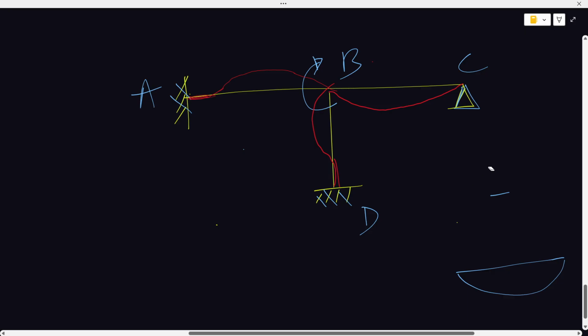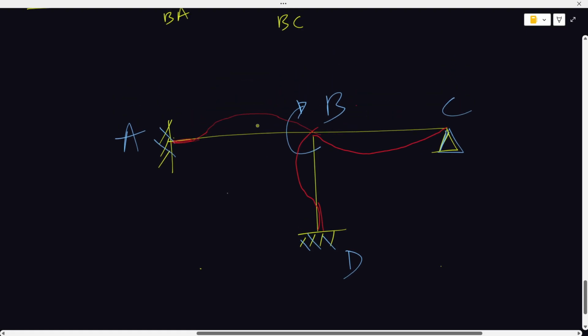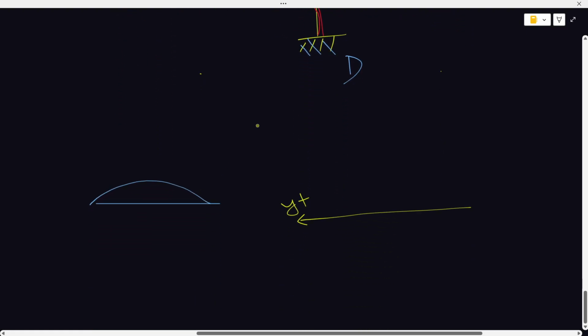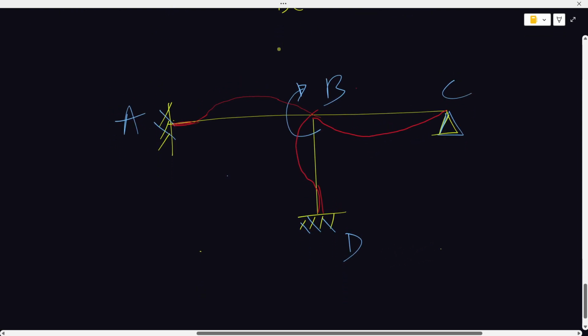So now we can proceed to business. Of course, if I say find summation of moments at joint B, what do you think it would be?